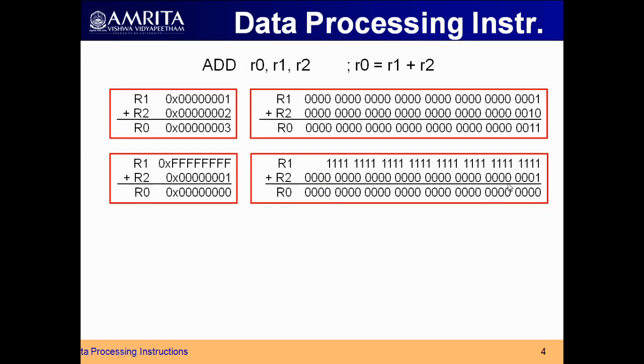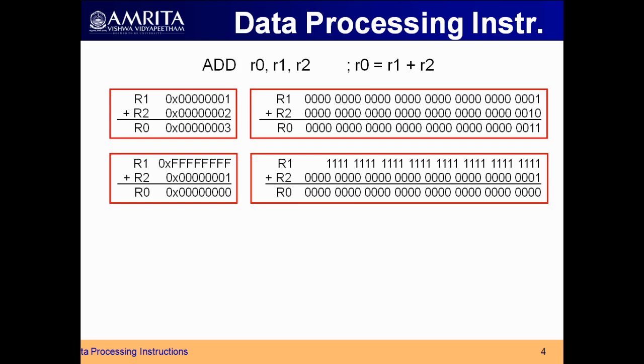But in addition to getting 0 as a result, one carry also will be generated, right? Whenever you are adding 1 to 1, you will be getting a result as 0 with a carry 1. So your actual result will be 0 with a carry 1, right? How will you identify whether carry has been generated or not?